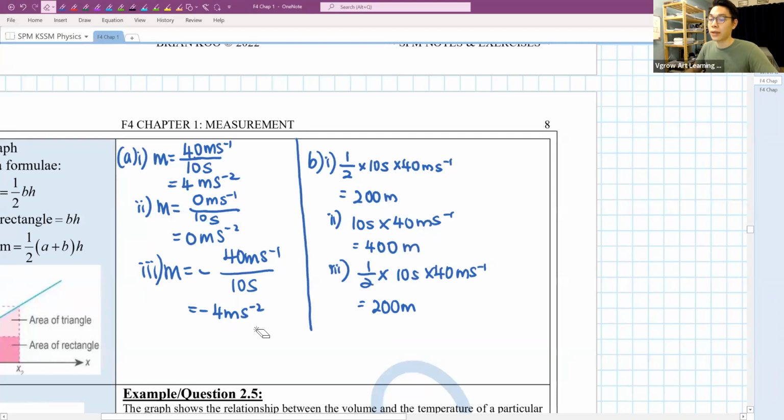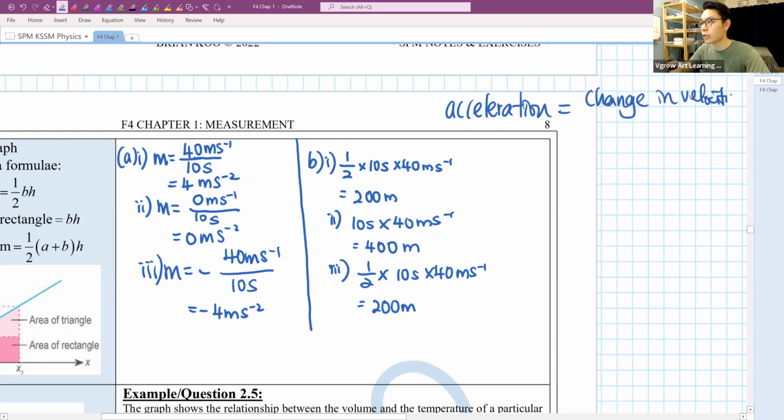Meter per second squared. In Form 2 maths, you have learned one chapter called speed and acceleration. You should have known that acceleration is equal to the change in speed or the change in velocity divided by time.